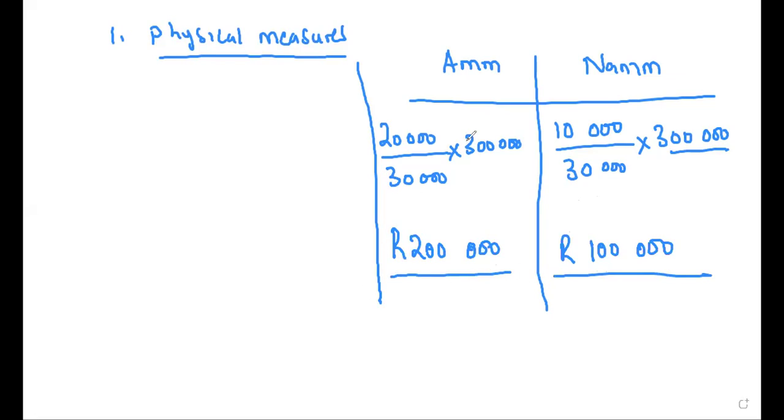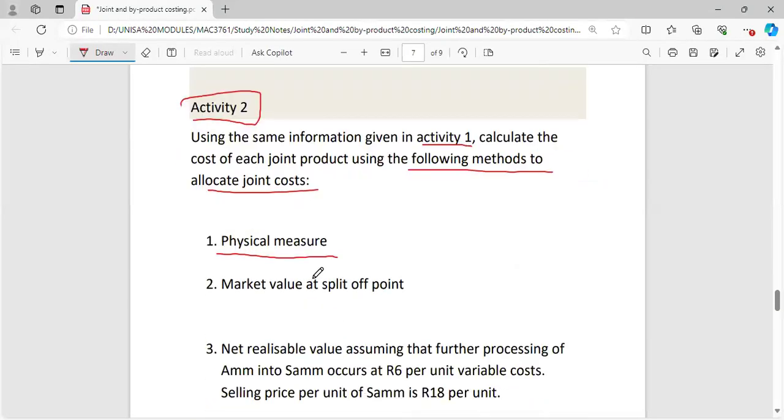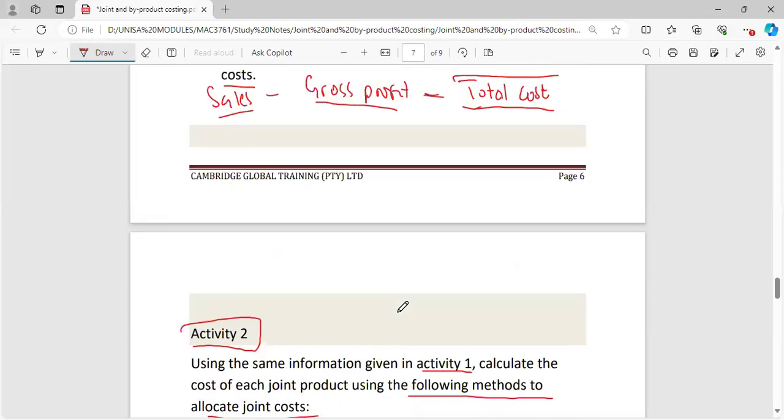Then let's look at the other part. They want us to allocate using the market value at split off point.